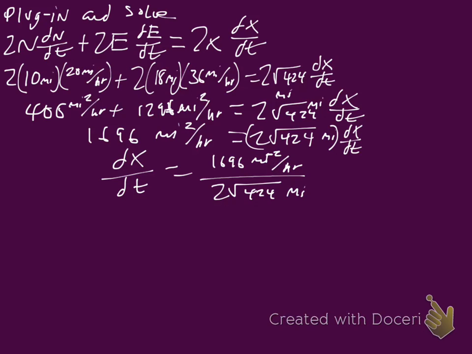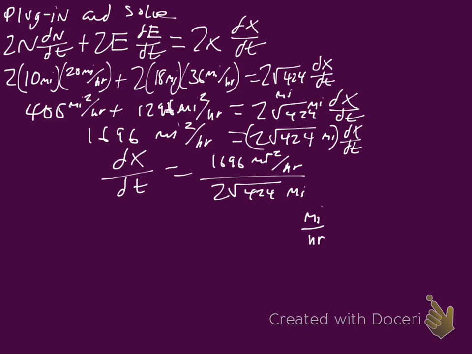So miles squared over miles times hours, right? So you just get miles per hour, which should be correct because this is dx/dt, a rate. So that's how you know that you're doing it correctly. One way to know that you're doing the related rates question correctly is when the units all match up. So you end up with something miles per hour.